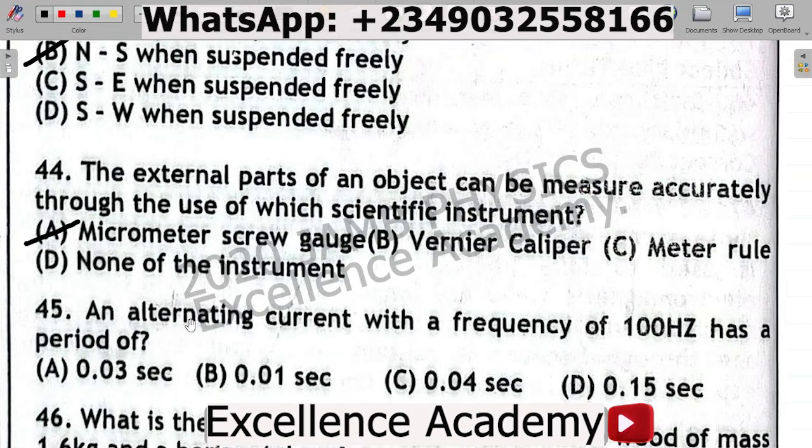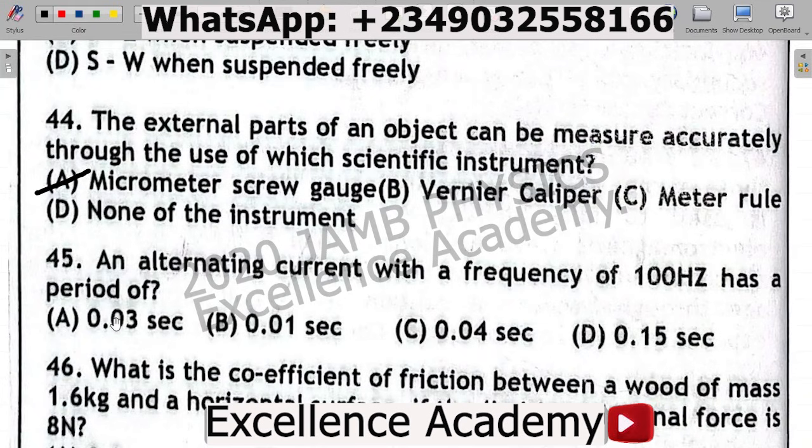Next up, question number 45. 45 says, an alternating current with a frequency of 100 Hz has a period of A, 0.03 seconds, B, 0.01 second, C, 0.04 second, D, 0.15 second. So how do we solve this question?